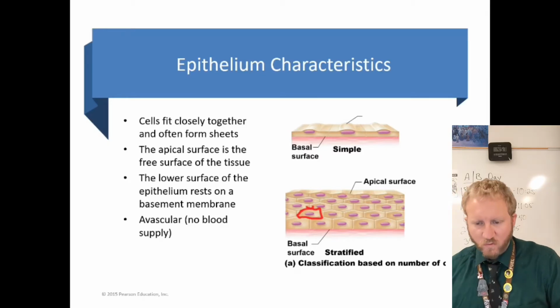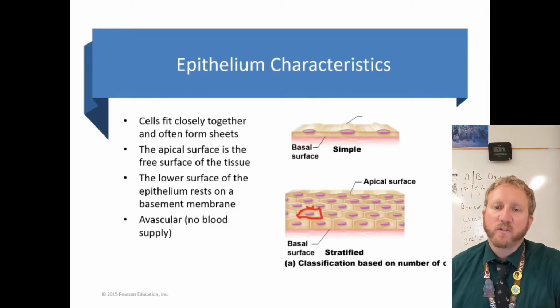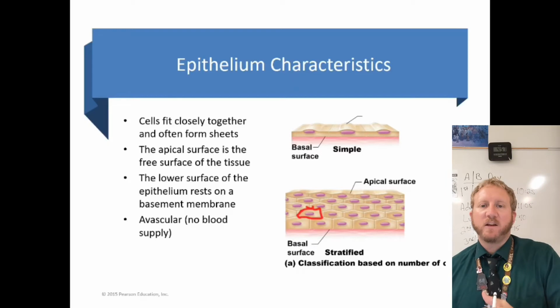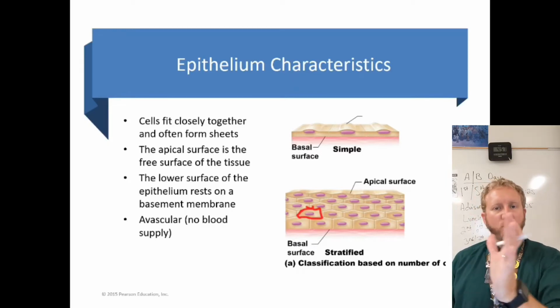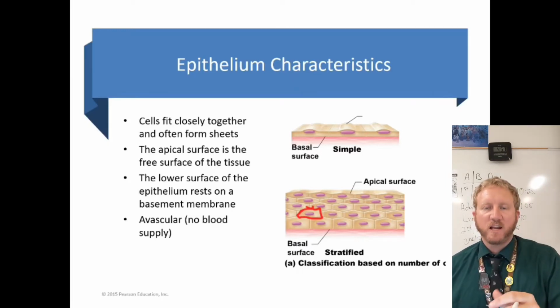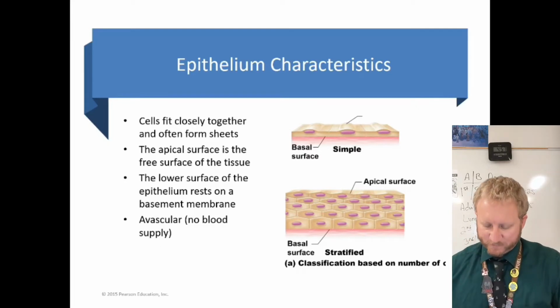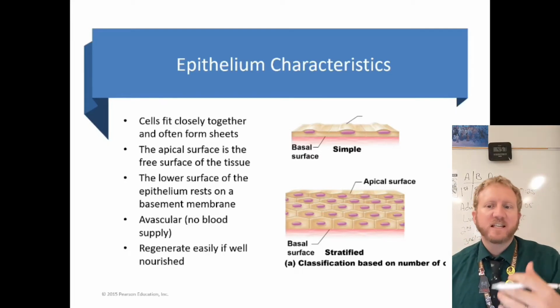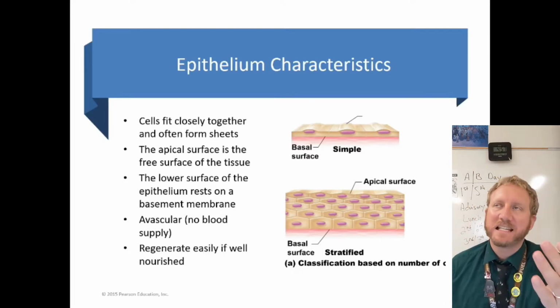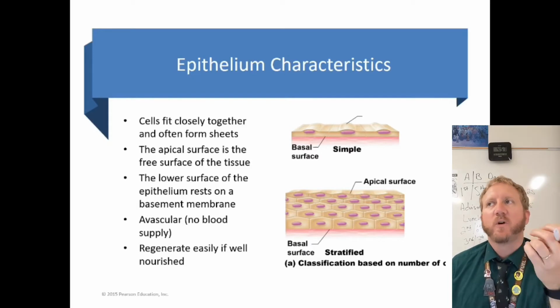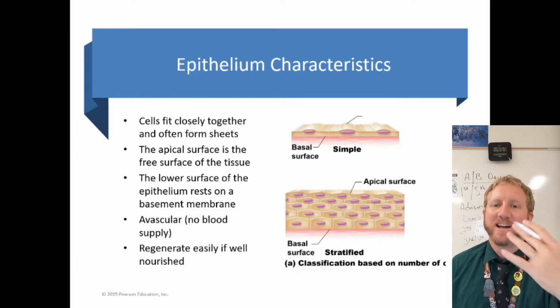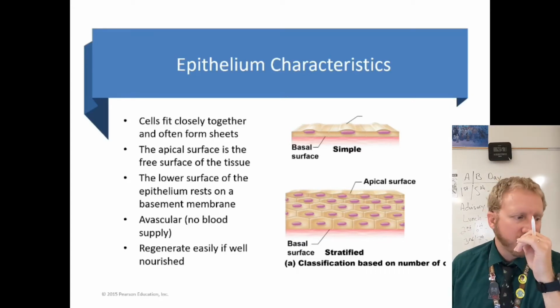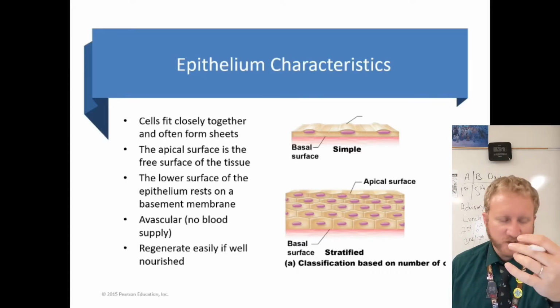And so basically you've got like ports that nutrients can make their way through the cells, through these little holes in the cell membranes as they're bound together. These cells typically will regenerate very easily if they are well nourished. So they work very well for tissues that get a lot of abuse, like your skin, for example, which regenerates very quickly as long as it has a pretty constant food supply.